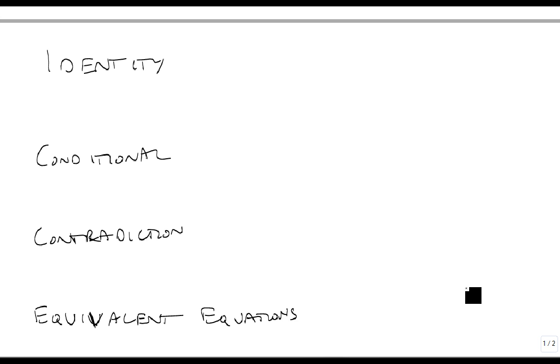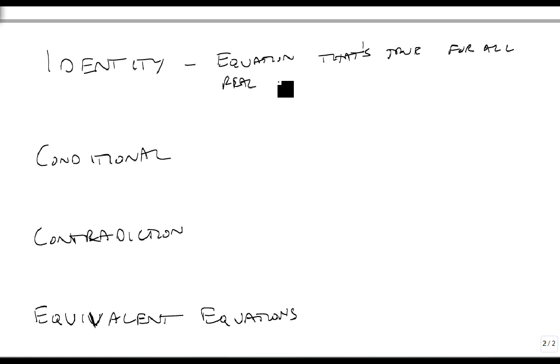Finally, we have the core concepts for this section, of which we're going to talk about. We have identity, which means it's an equation that's true for all real numbers.